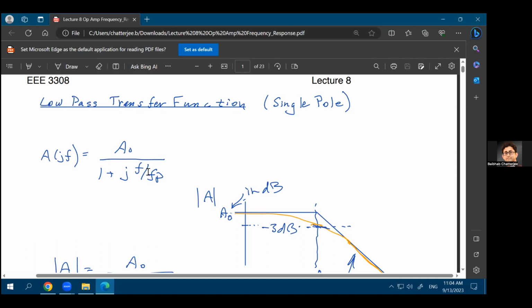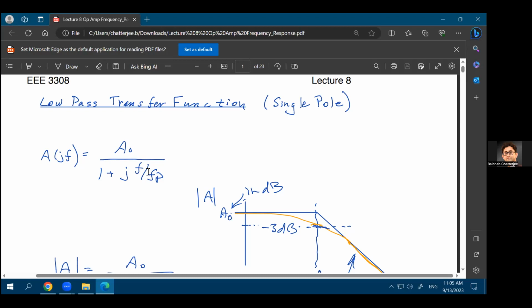And what is 1 upon 2 pi fp? Fp is the pole frequency, so this is equal to 1 upon omega p. Again, you can write omega as 2 pi f and have the same subscript. What is omega p? Omega p is the pole frequency, which in this case you found out as 1 upon r naught c naught. So if omega p is equal to 1 upon r naught c naught, what is 1 upon omega p? That is equal to r naught c naught.